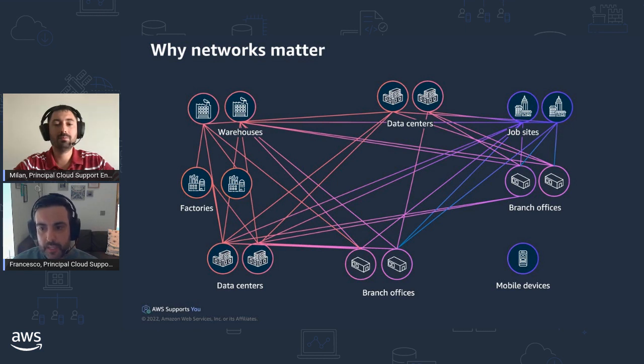But I noticed one thing when talking with customers about this, which is that not everyone is a network engineer. Not everyone is aware of what building a network means and what some of the concepts we're going to talk about are. So some of the things that might seem evident to someone that works with networks might not be evident for everyone. One of the questions I get a lot from our customers is: is the network a problem?